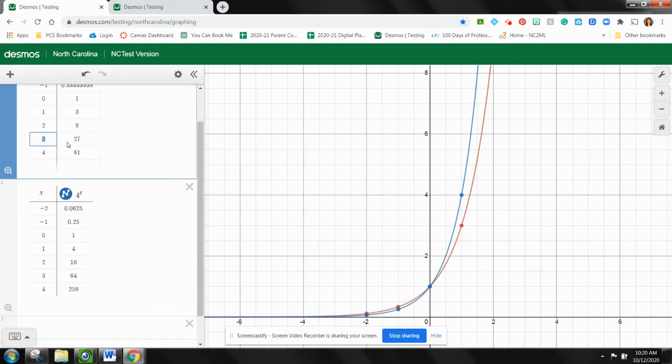For my 3 to the power of x function, I'll have 27. But for my 4 to the power of x function, I have 64. So in this case, if my ratio is larger than 1, the bigger number increases faster.